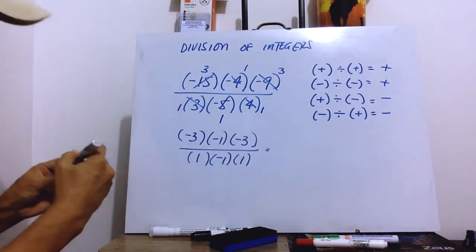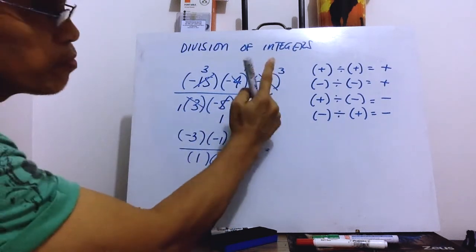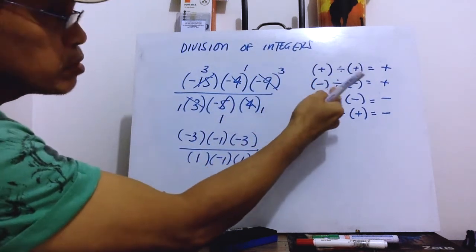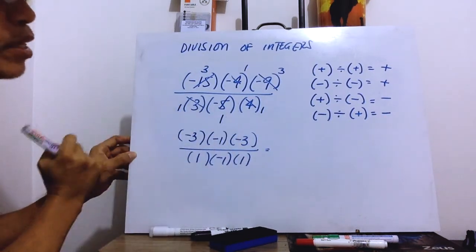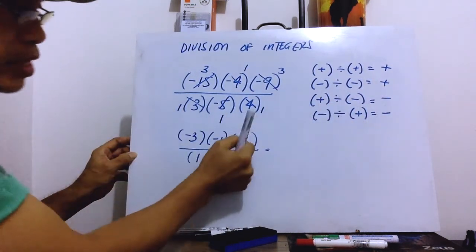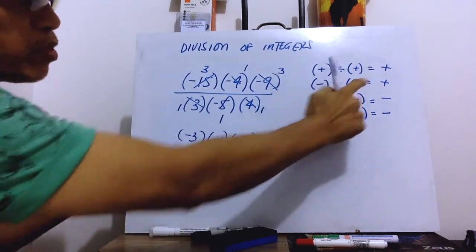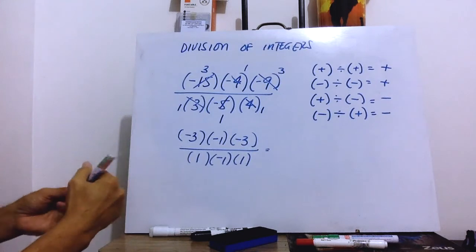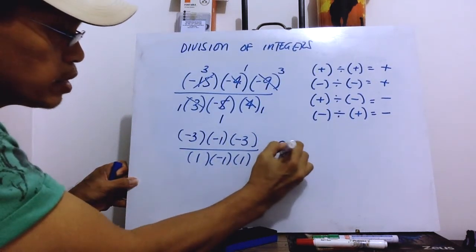Okay. What is negative times negative? Same rule, huh? Okay? Positive. That's positive. Times negative. Negative. Divided by negative. It's positive. So everything here is positive. Okay? So 3 times 3, 9.